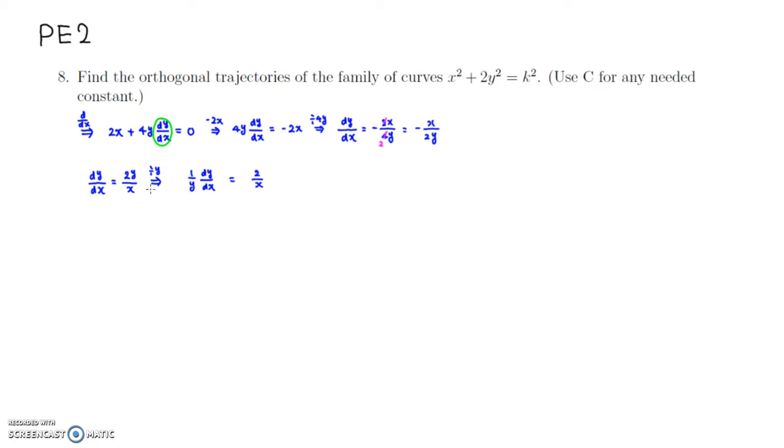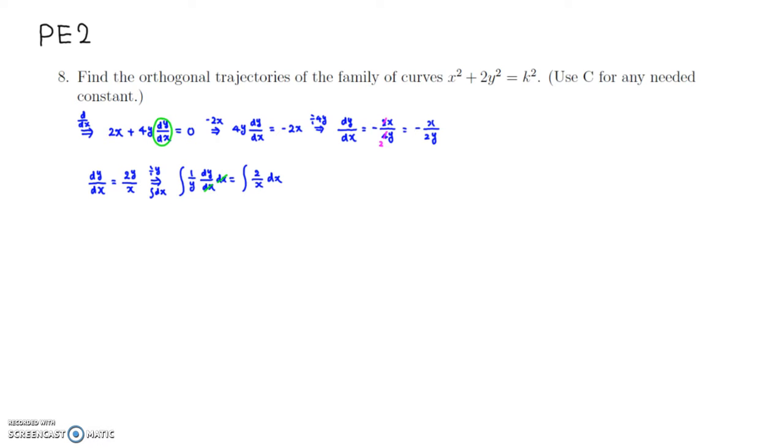Then I integrate both sides with respect to x, and we can cancel dx on top and dx on the bottom.